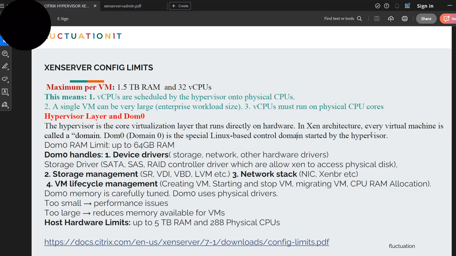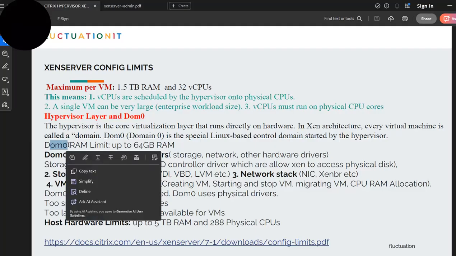hypervisor. It has a memory limitation. You can set up to 64 GB RAM. Usually we use 6 to 8 GB RAM maximum for Dom0.